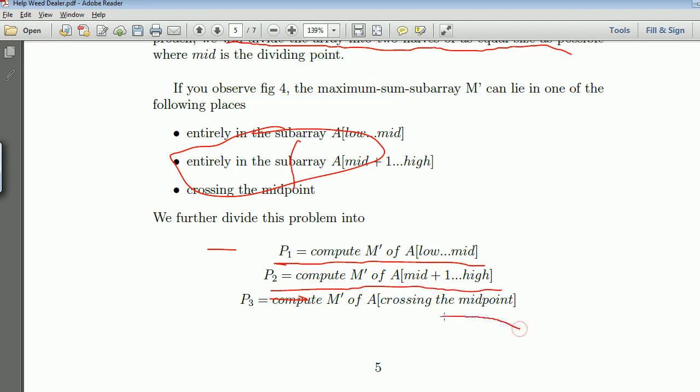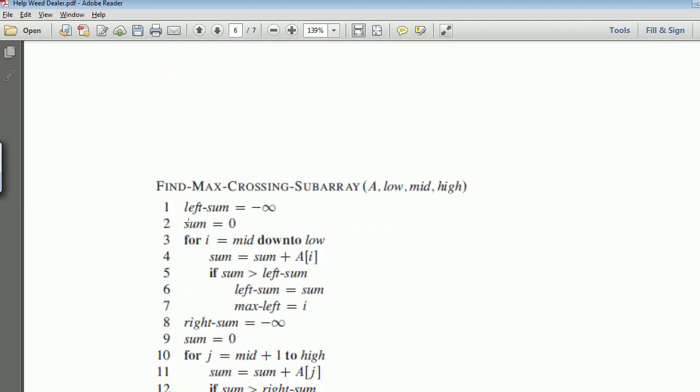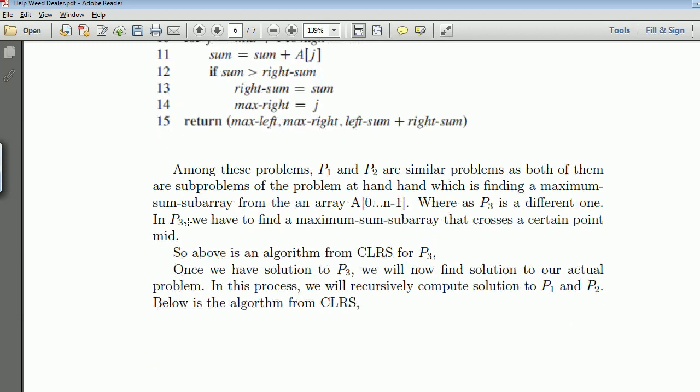And problem 3 is to compute the maximum sum subarray at the crossing point. Once we compute these three, we want to return the indexes of the subarray with the maximum sum out of these three.